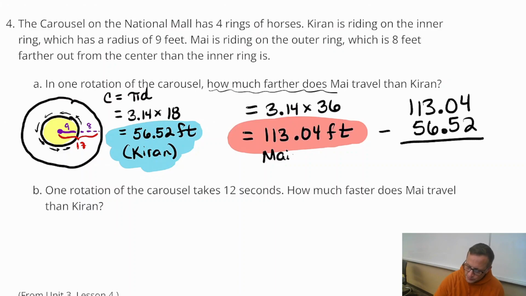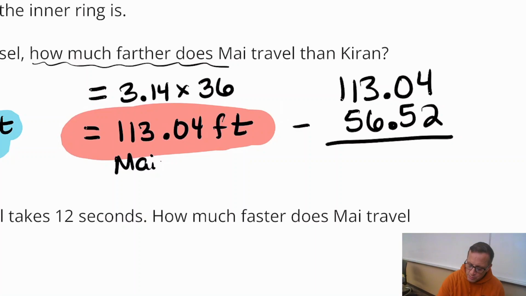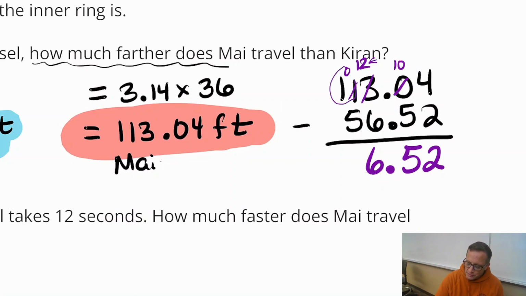Just like that. 4 minus 2 is 2. 0 minus 5, you're going to have to borrow from that, make that 10, and that's a 5. But remember, that had to become a 2, so you can't do 2 minus 6, so we're going to have to borrow from the 10s. So that becomes a 0, make that 12. So you got 6, and 10 minus 5, which is 56.